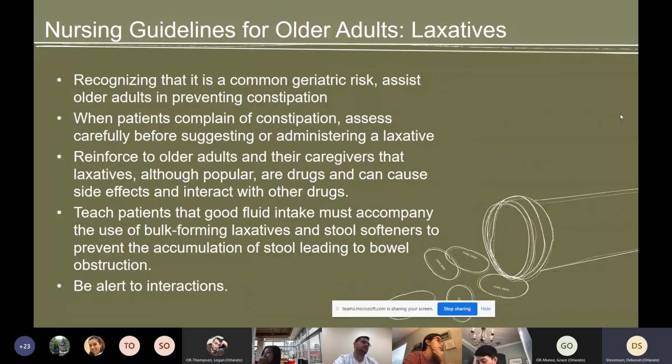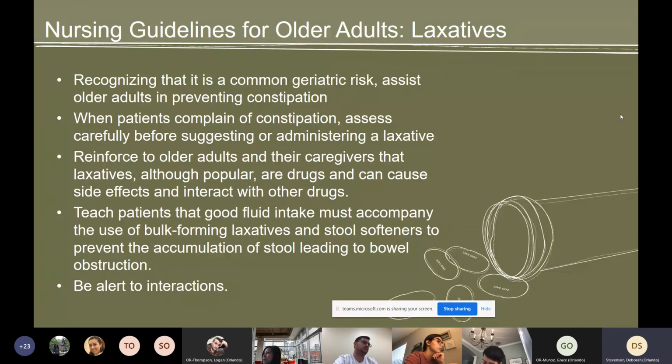There are many reasons why. Remember the age changes in the GI tract, everything slows down. They don't drink as much as they should. They may not exercise as much as they should. And so with the central nervous system, the ability for peristalsis is going to decrease at times. So there are a lot of problems with constipation, and maybe their diet is not high in fiber either.